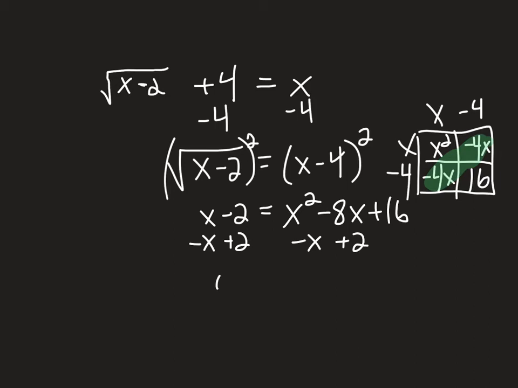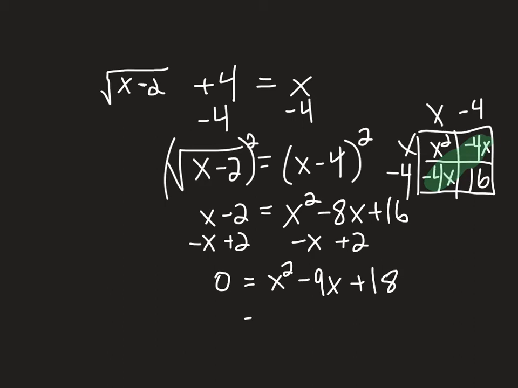So what I have on the left-hand side is 0, and what I have on the right-hand side is an x squared, and this negative 8x and this negative x combine together to be a negative 9x, and the 16 and the positive 2 combine together to be a positive 18. Then from here, we're going to try to factor the right-hand side.